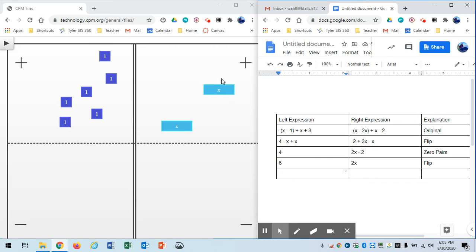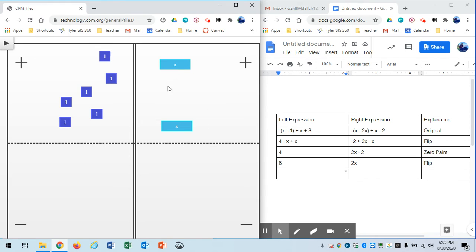So now that I have two x's, what would the value of x be to make these equal? They have to be the same number. So if I split this into two piles, I have x equals 3. See how in two piles, just like this, x then equals 3.